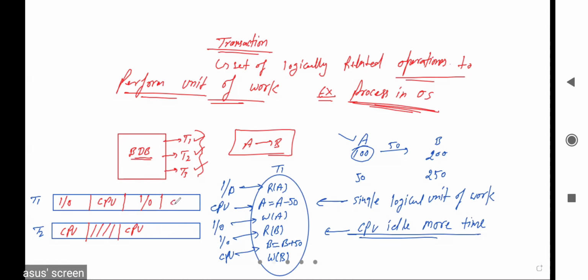So in case of concurrent operation, sometimes the CPU is performing, sometimes it is performing the IO operation, then another transaction will perform the CPU operation, and whenever it is performing the IO operation, it will perform the CPU operation, or sometimes it is idle also, right? So this is the way of concurrent transactions. Is it clear to all?